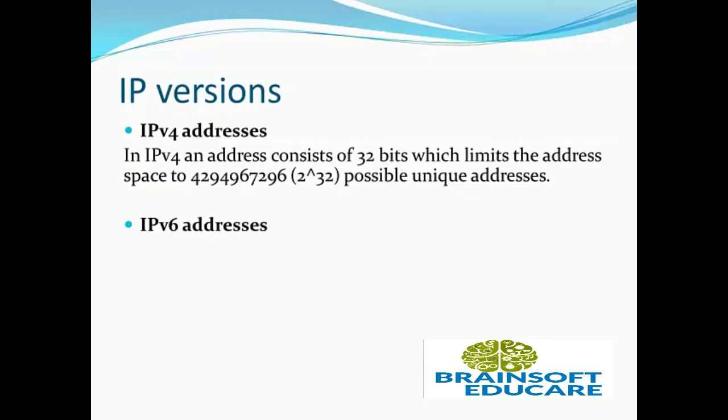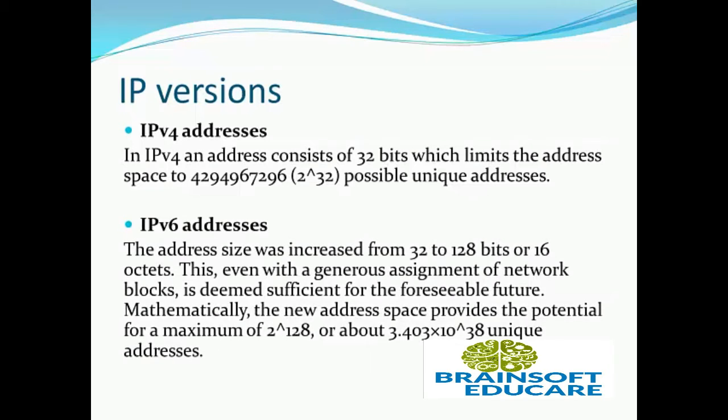IPv6 addresses. The address size is increased from 32 bits to 128 bits, or 16 octets. This, even with a generous assignment of network blocks, is deemed sufficient for the foreseeable future.